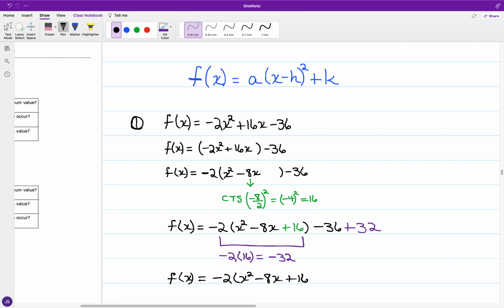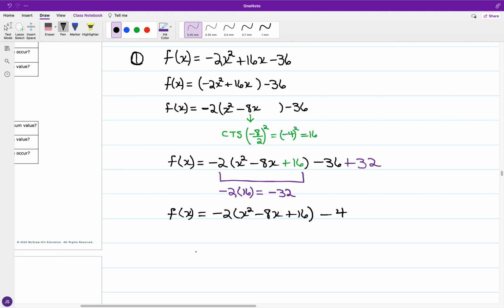You can always go back and check. I have negative 2 times x squared; negative 2 times negative 8x is a positive 16x; negative 2 times 16 is negative 32; and negative 32 minus 4 is minus 36.